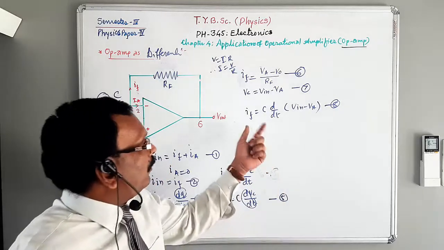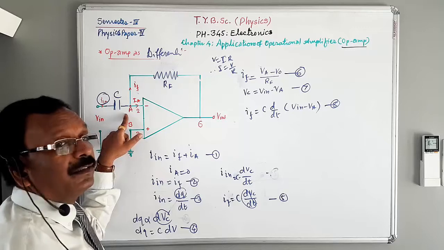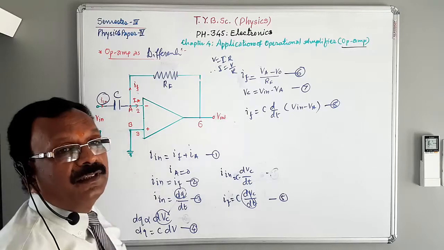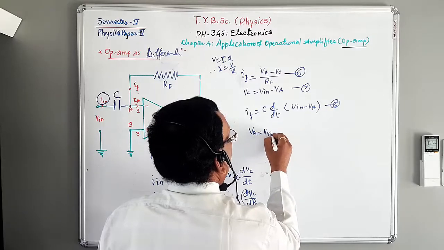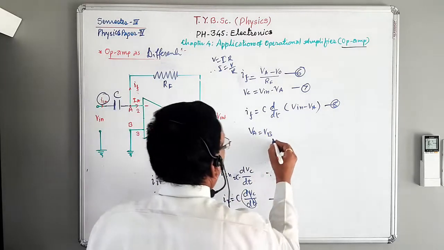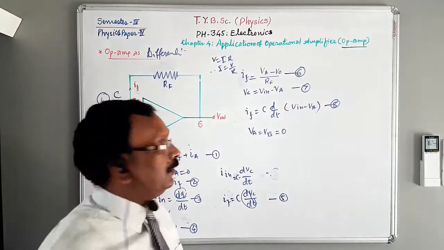Now for an ideal op-amp, V_A is equal to V_B, but V_B is connected to 0. Therefore, both are at voltage 0.